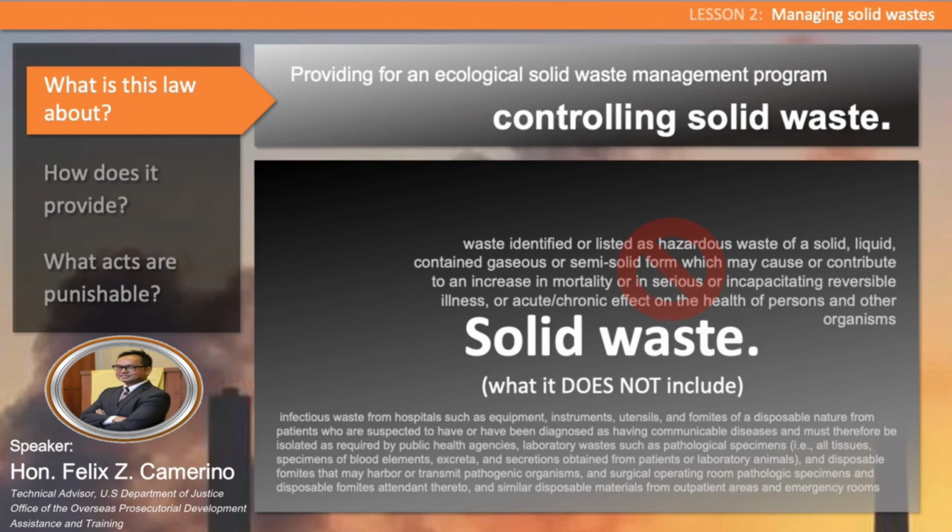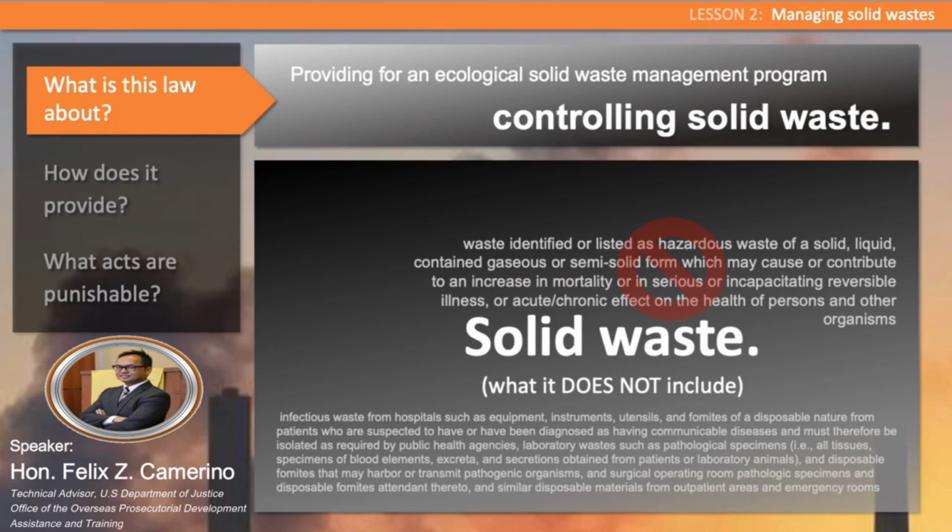hospitals. So it talks about equipment, instruments, things of those sorts that are suspected to have been used on patients who are diagnosed with communicable diseases.